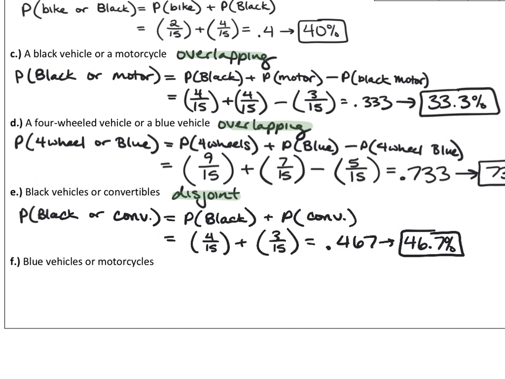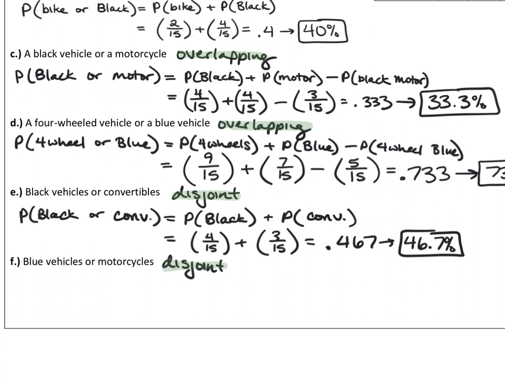Part F says, blue vehicles or motorcycles? Are there any blue motorcycles? No, so is this overlapping or disjoint? Disjoint again. The disjoint one is the one where there is less for you to do because we don't have to subtract out any of the overlap.